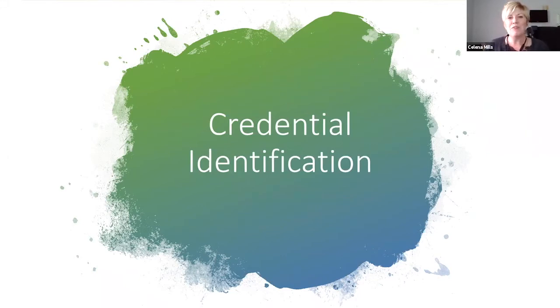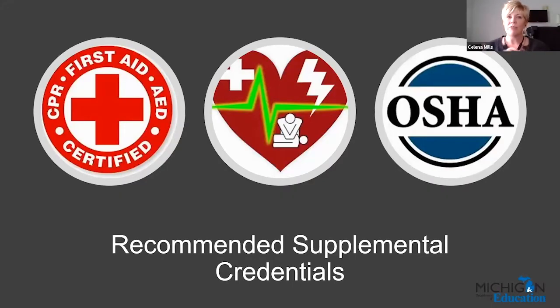So before I turn this over to Diana and Charmaine and Susan to talk about what those credentials are, I want to talk you just a little bit through the process that we used. So first, and Diana mentioned this as well, in your industry, there are some supplemental credentials that are widely recognized and valued.